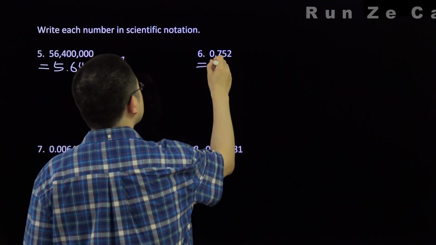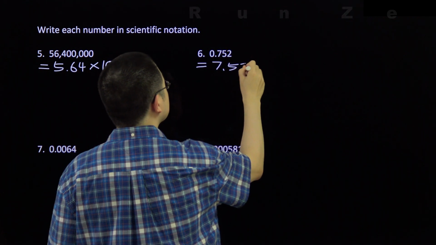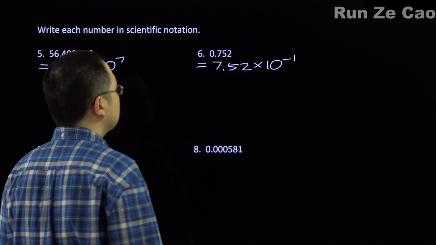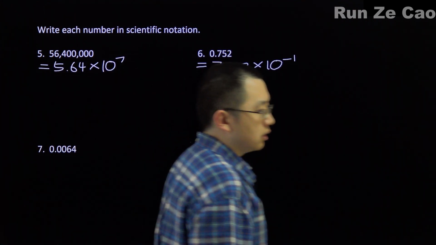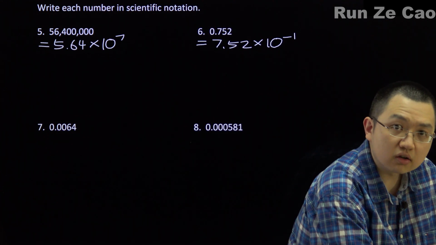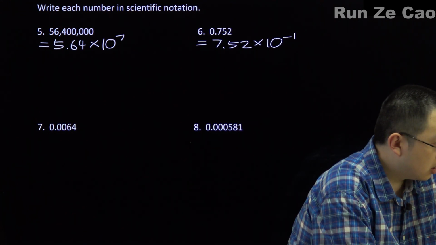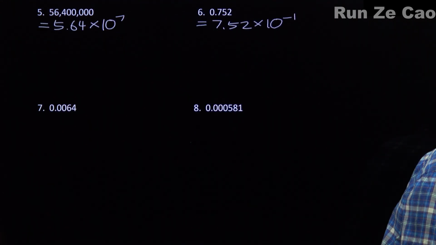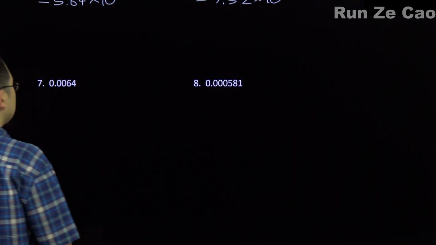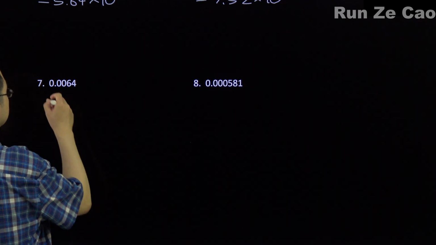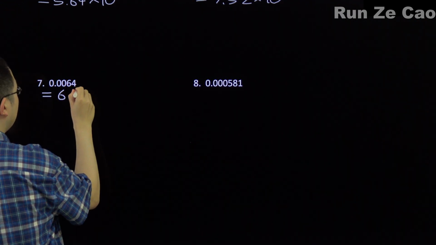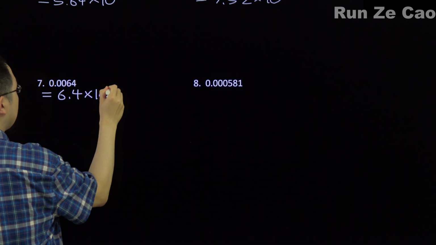0.752. That's 7.52 times 10 to the negative first. The 7 is at the 10 to the negative first position, so the 1/10. And then the 5 and the 2 come after. 0.0064, well, that's 6.4 times 10 to the negative third.